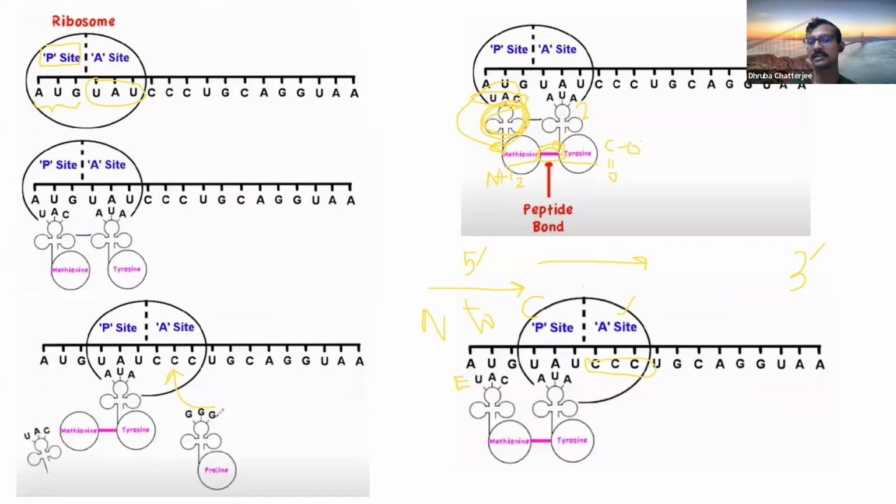That amino acid residue is attached to the 3' CCA of the acceptor stem of the tRNA and is brought into this translation complex. And again, this will keep on happening.